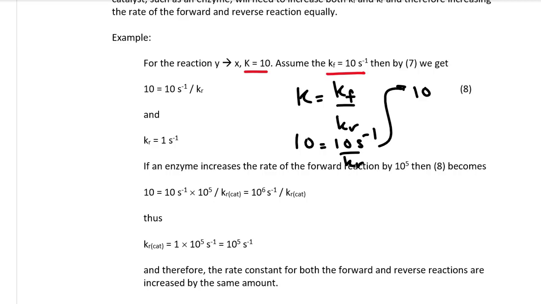So we have 10 Kr equals 10 per second, right? And then we divide both sides by 10. Kr equals 10 per second divided by 10. So my K reverse equals 1 per second. And that's exactly what we calculated here.